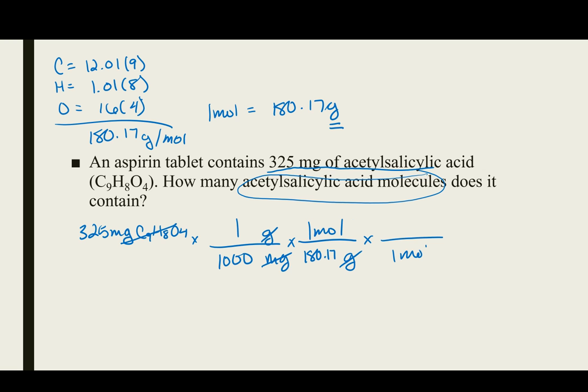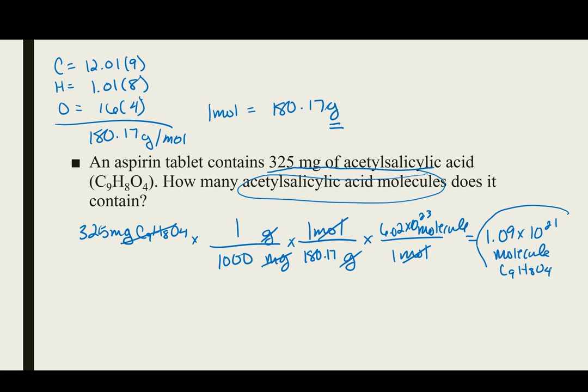And then finally, I need to cancel mole. And I need to go to molecules. So it's 6.02 times 10 to the 23rd molecules. So mathematically multiply the numbers on the top together, multiply the numbers on the bottom together, divide those two numbers. You should get 1.09 times 10 to the 21st molecules C9H8O4.